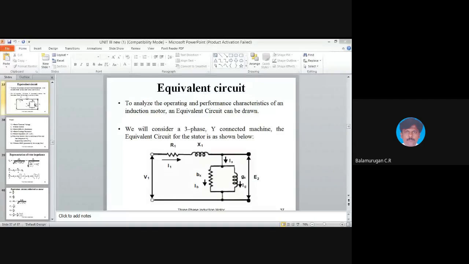And next, mechanical power. What is the mechanical power? Rotor input minus rotor copper loss. So substitute the values: 3 I2 double dash squared R2 dash by S minus 3 I2 double dash squared R2 dash, and take the common terms outside.